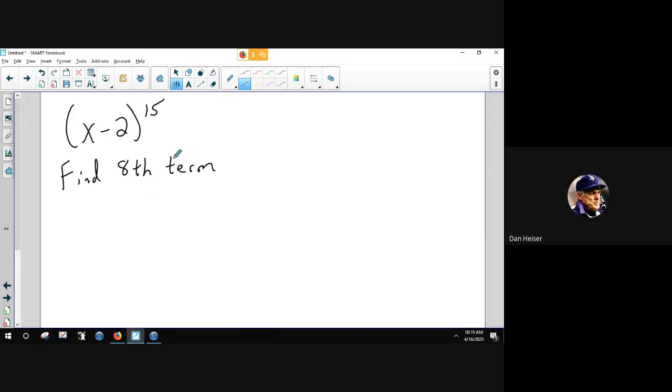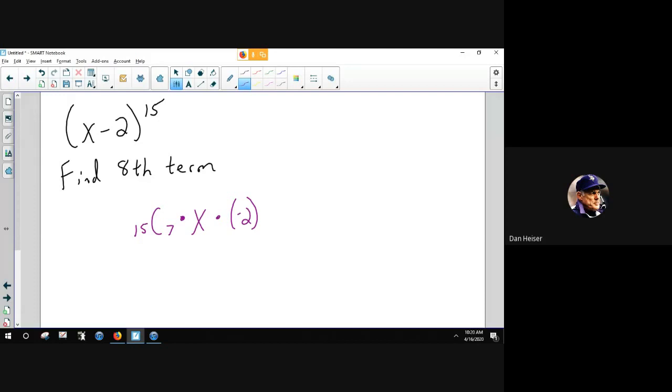And you just want this specific position, that spot in the model. Find the 8th term. 15C 1 less, times x to a power, times -2 to a power.